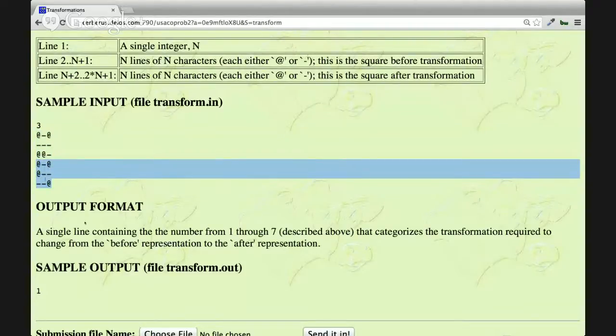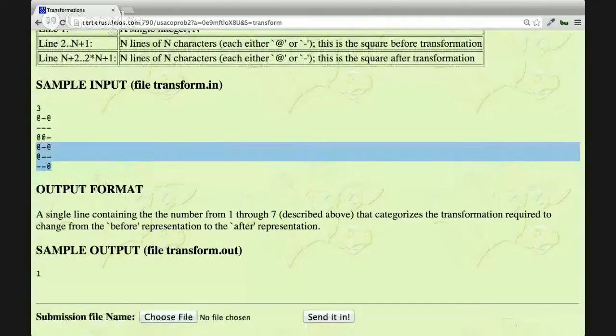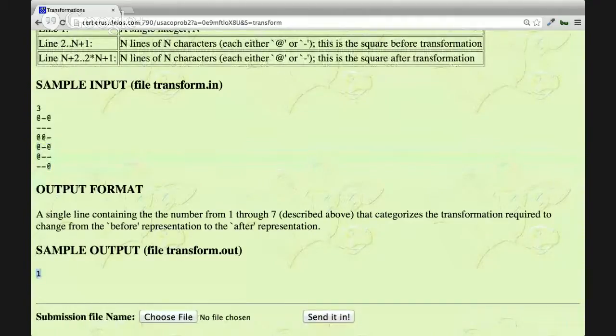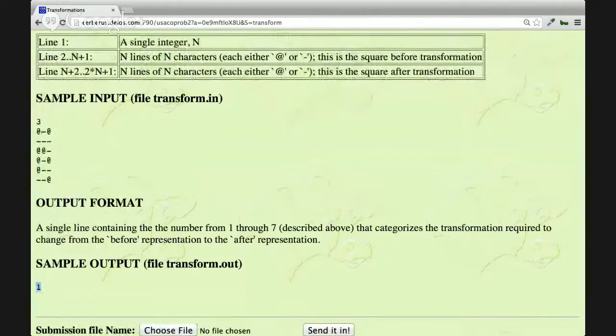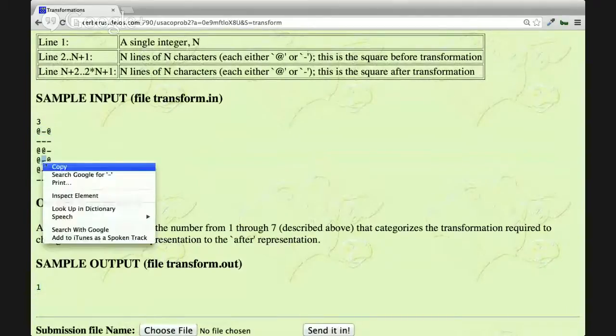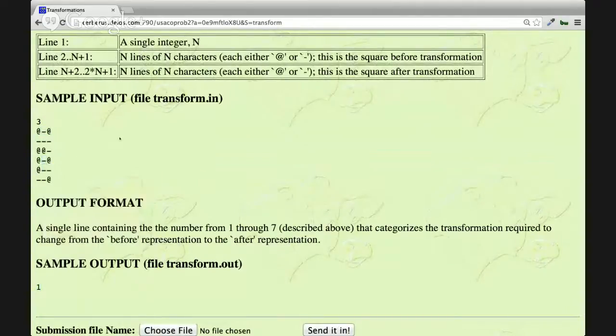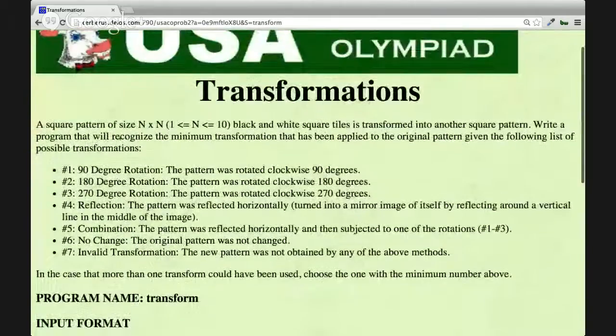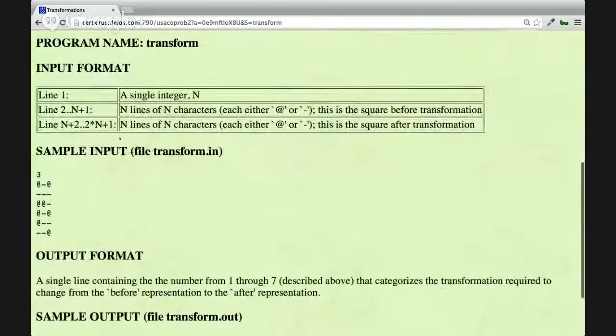The sample answer given here is the rotation by 90 degrees. As you can see, it rotates by the center by 90 degrees. So this is what the question is about: the matrix and the transformation itself.